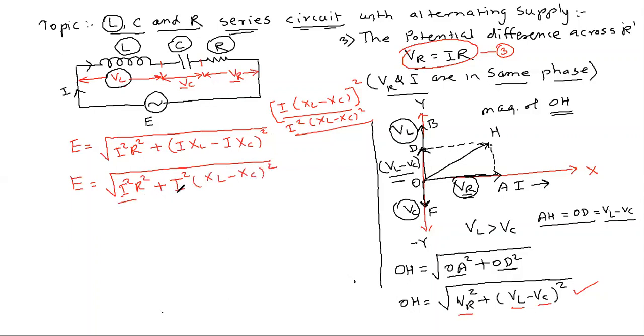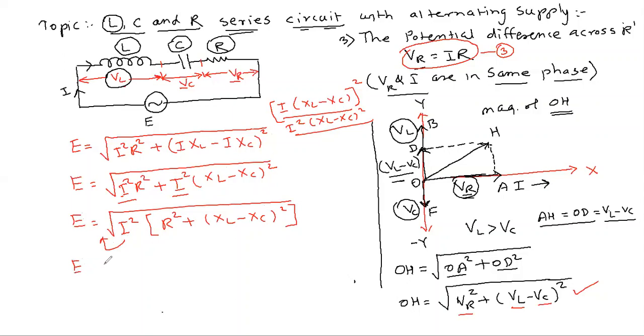Now you can take out the I square common. So E is equal to square root of I square into bracket R square plus XL minus XC bracket square. So take out this I from the square root.